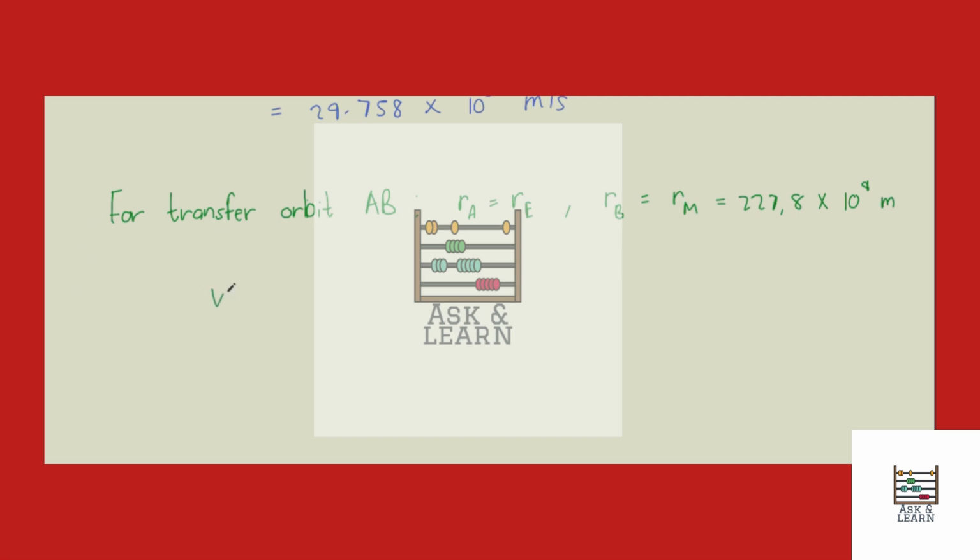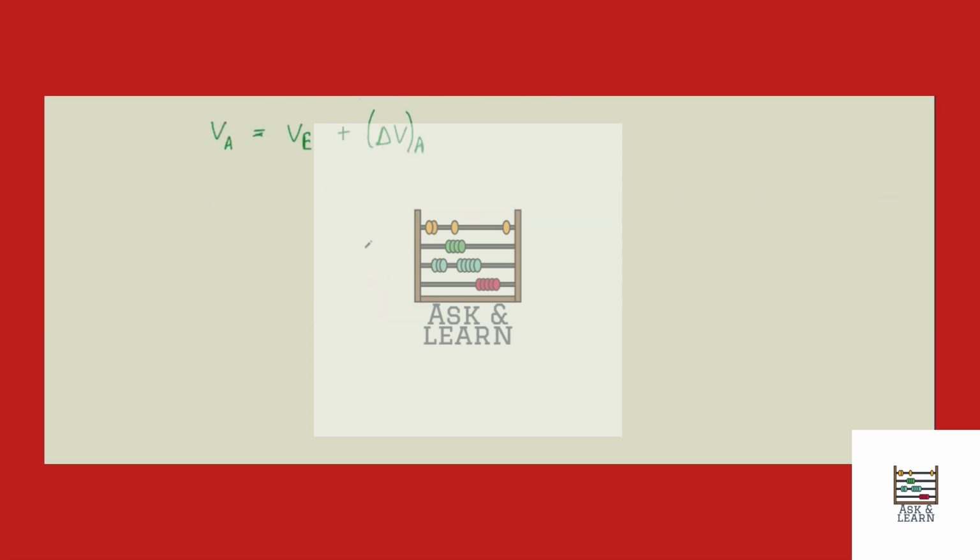So the speed of the orbit at point A is equal to VE plus the transfer velocity, which we'll call delta v subscript A. So the transfer velocity in moving to point A. And this is equal to 29.758 times 10 to the 3 plus the transfer velocity given as 2.94 times 10 to the 3.